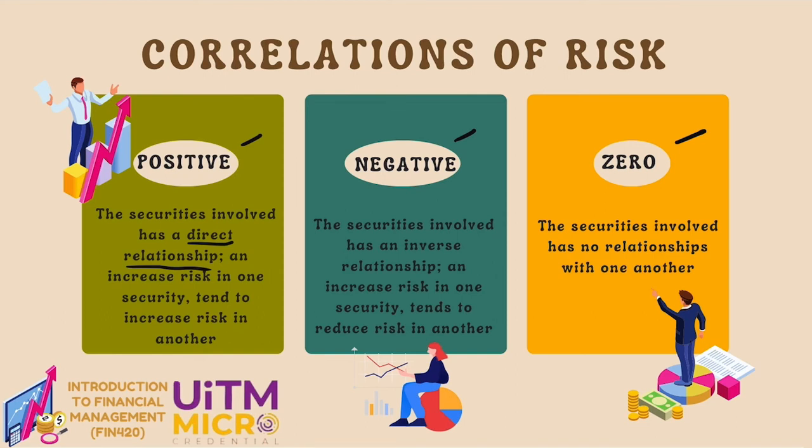On the other hand, a negative correlation means the securities have an inverse relationship with other securities, in which an increase in risk in one security will decrease the risk in another security. Lastly, zero correlation of risk indicates that the securities involved have no relationship with other securities.